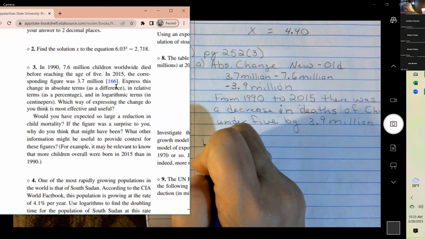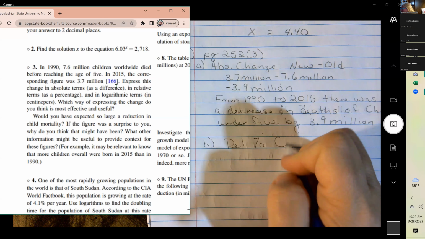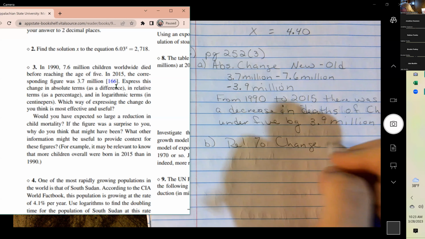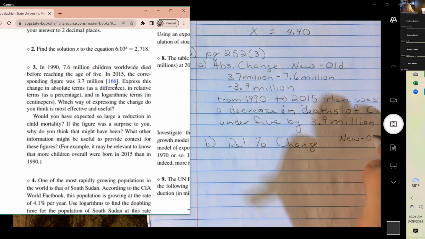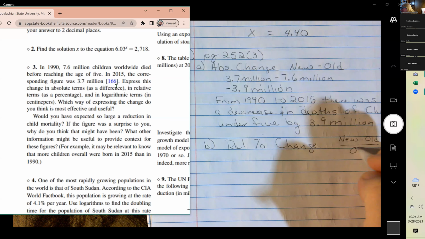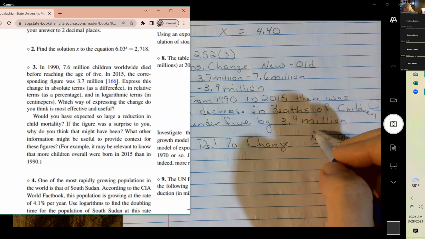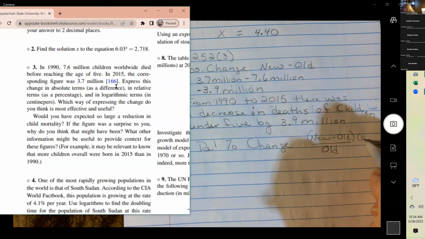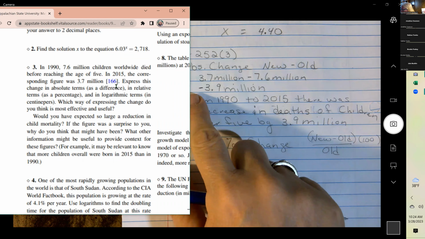So B, relative percent change, new minus old divided by old, and then we're going to multiply by 100 to make it a percent. Now we've already subtracted it up here.